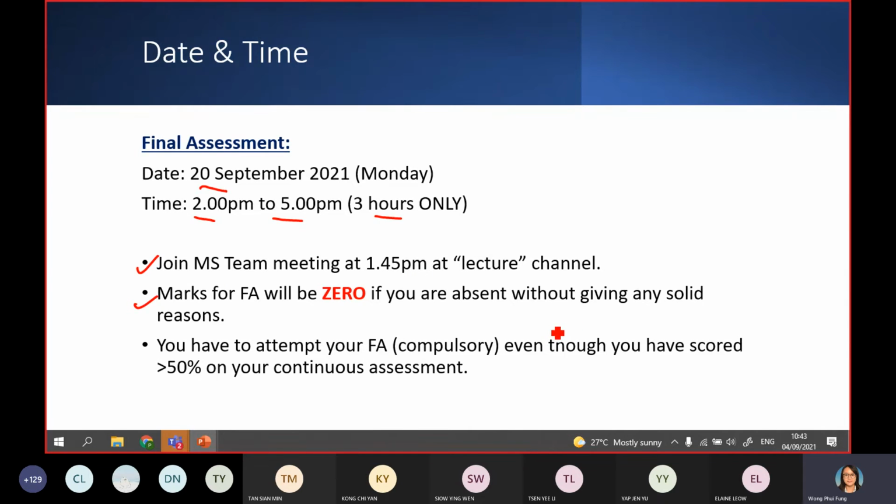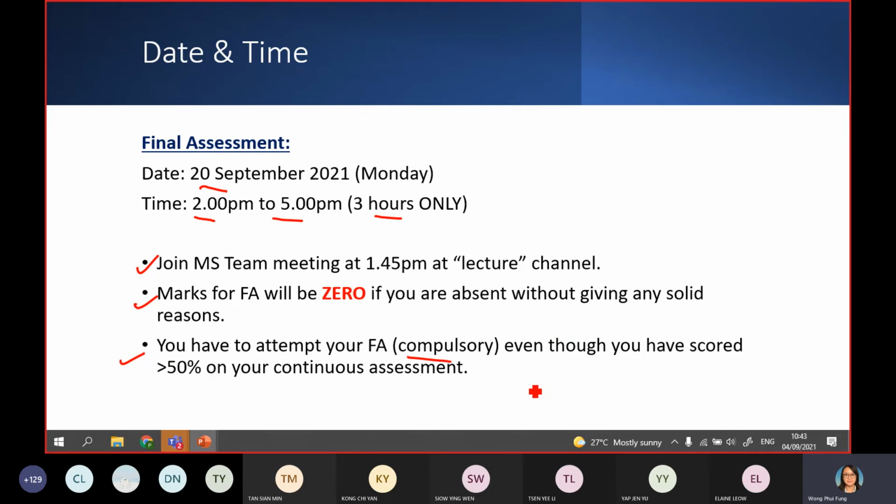For your main FA, if something happens and you want to go for the replacement, I just have one message: the replacement FA will be tougher than the main FA. The replacement question is always more difficult, so take note. Attempting the FA is compulsory.